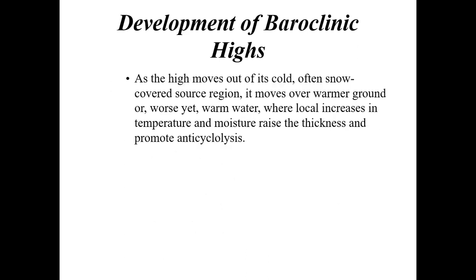As a high moves out of its cold, often snow-covered source region, it moves over warmer ground, or even worse is if you have a continental polar high, a high pressure in the wintertime that comes down from Canada and moves out over the relatively warmer waters of the Western Atlantic. Any warmer ground or water is going to result in increases in the temperature and moisture, which is going to raise the thickness values, and that is going to promote the dying off of the high pressure system, or the weakening of the high, anticyclolysis.